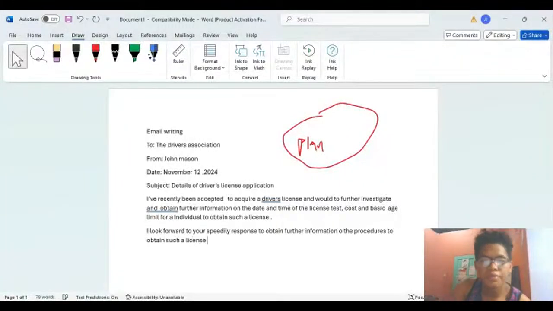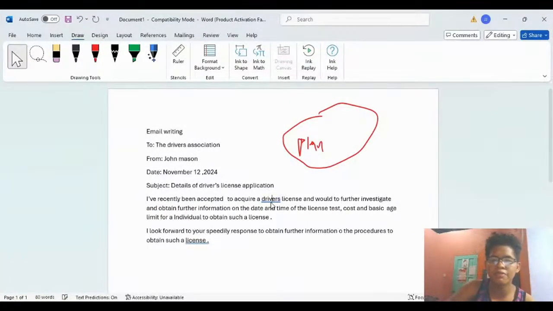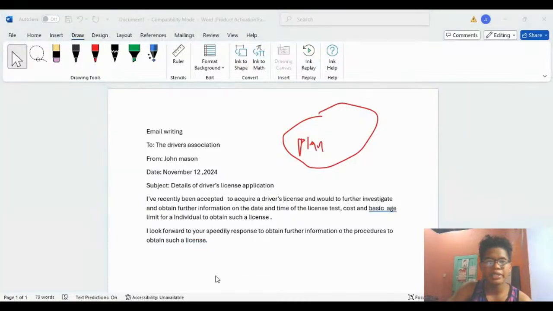All right, so that's about it. And that's an email. It doesn't have to be long because they don't really give a specific limit on it.